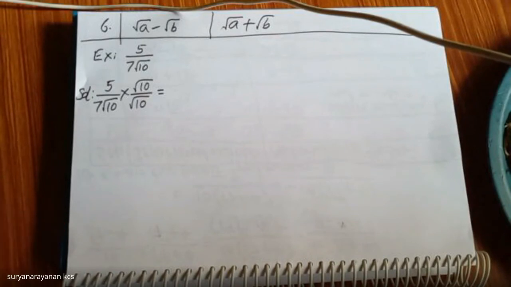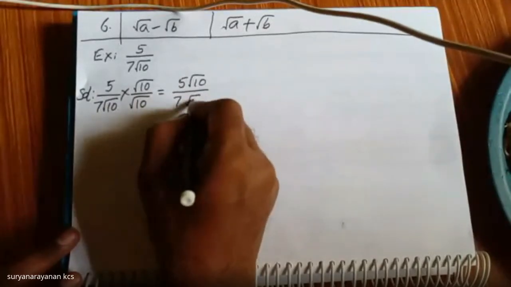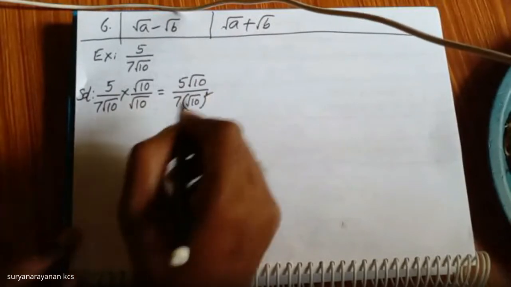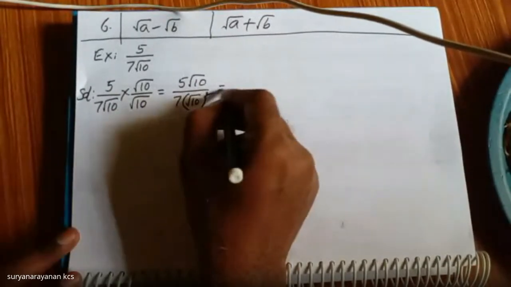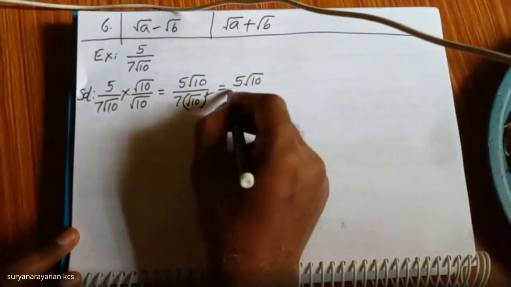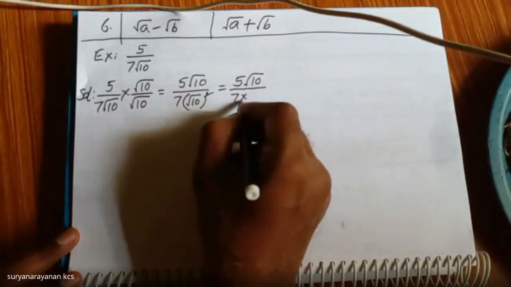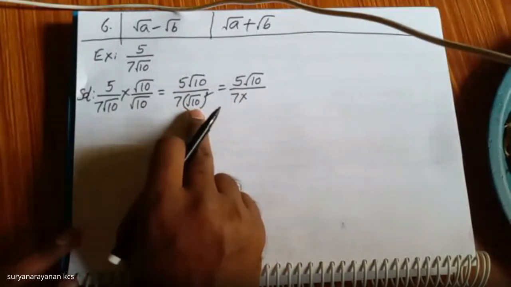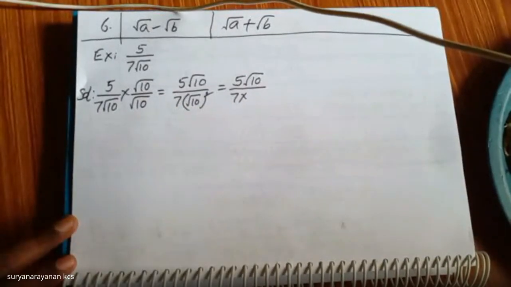In this case, the answer is 5 root 10 by 7 root 10 whole square, that is equal to 5 root 10 by 7 into root 10 whole square. What is the value of root 10 whole square? 10.